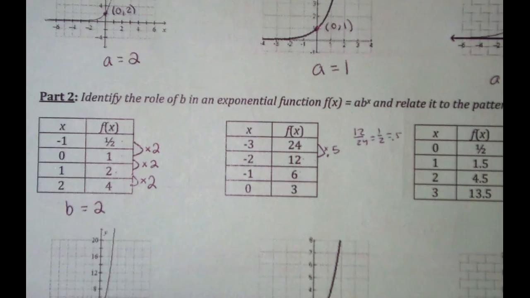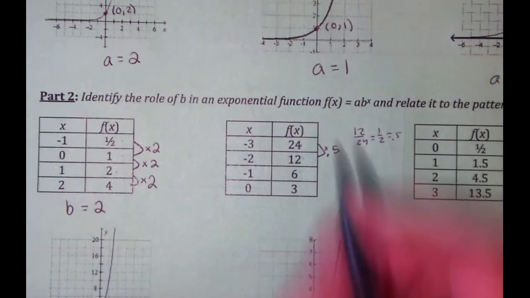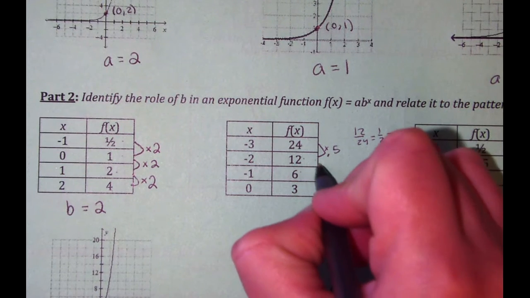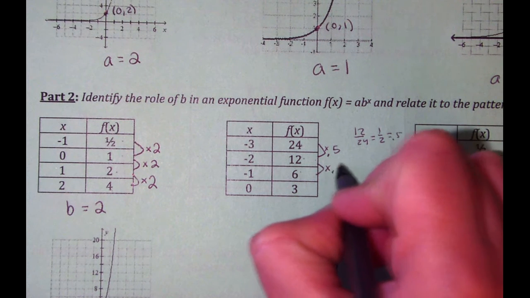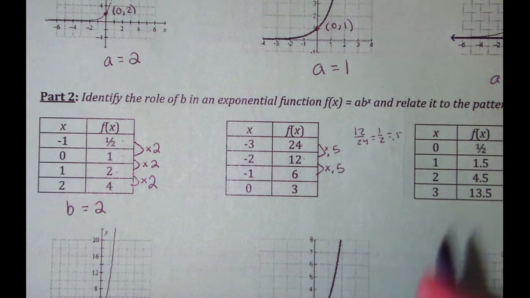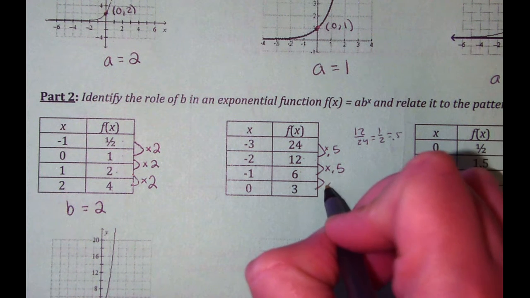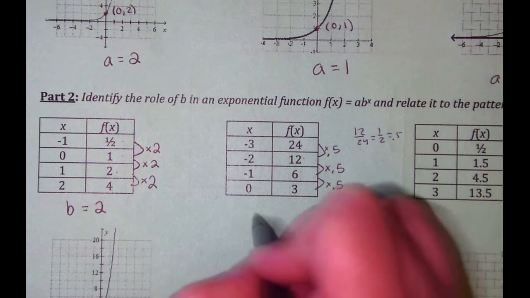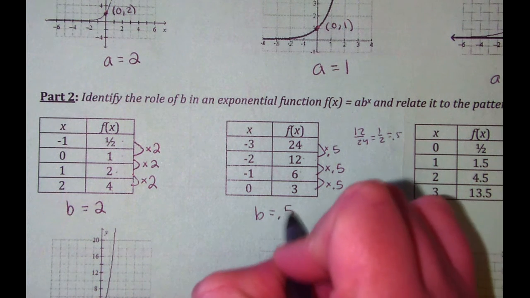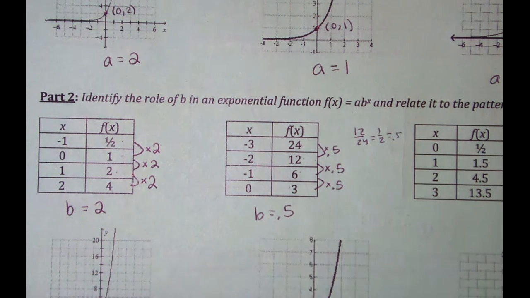That's a little multiply sign. 6 divided by 12 gives you 1/2 also, so there's a multiplier of 1/2. 3 divided by 6 gives you 1/2, so there's a multiplier of 1/2, so b is 1/2, or 0.5.